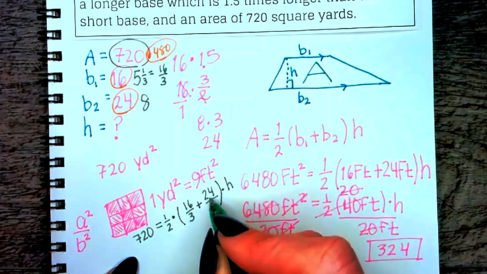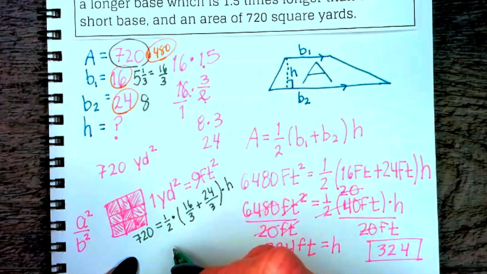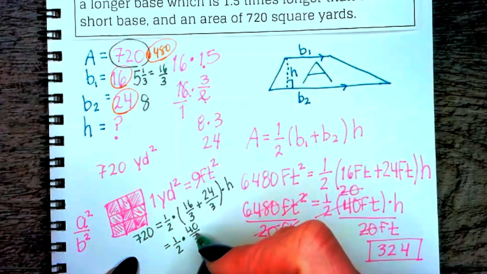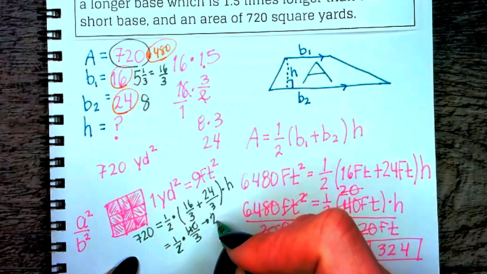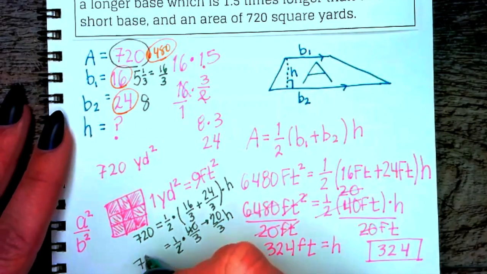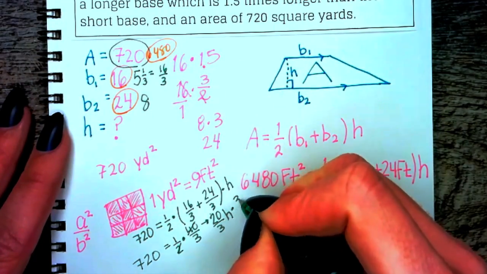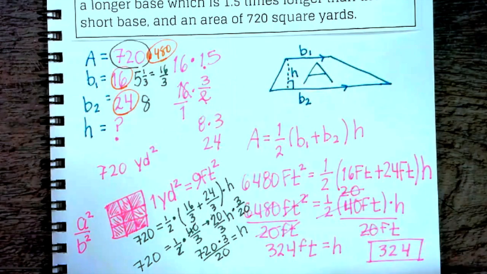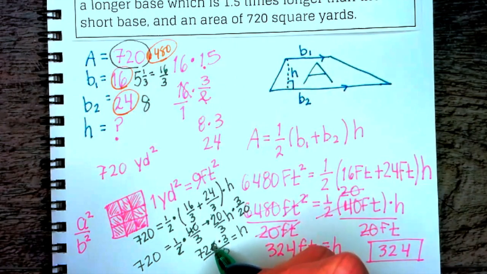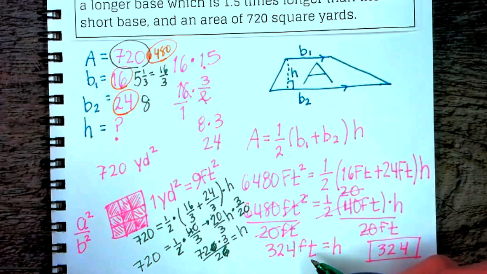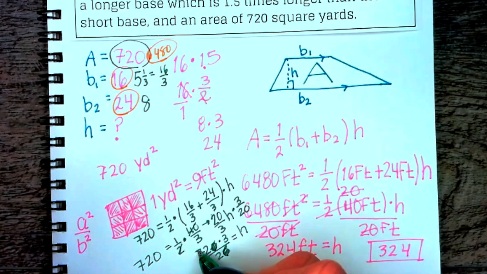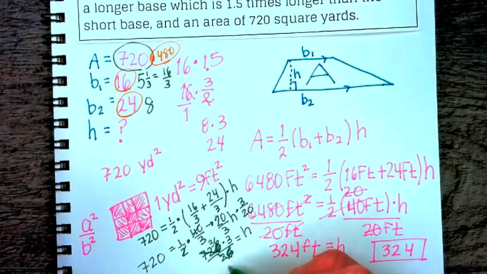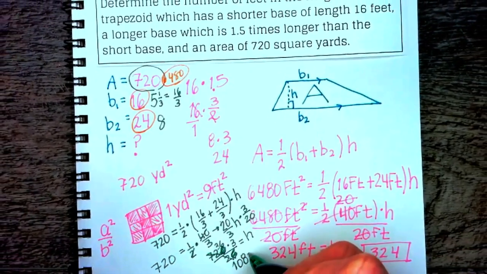I add these, I'm going to get 40 over 3. 1/2 times 40 over 3, which becomes 20 over 3 h equals 720. To get h alone, we're going to multiply both sides by 3 over 20. 720 times 3 over 20. 0 and 0 reduce because I'm basically dividing the top and bottom by 10. 72 and 2 reduce, and that gives me 36. 36 times 3 is 108.